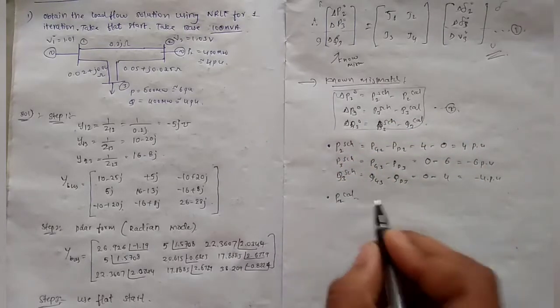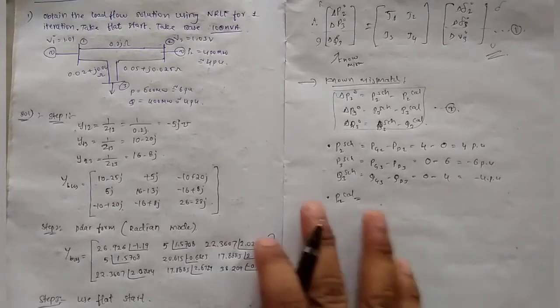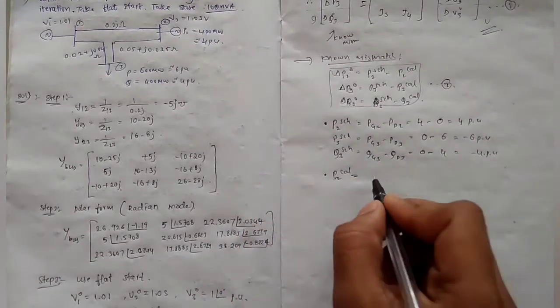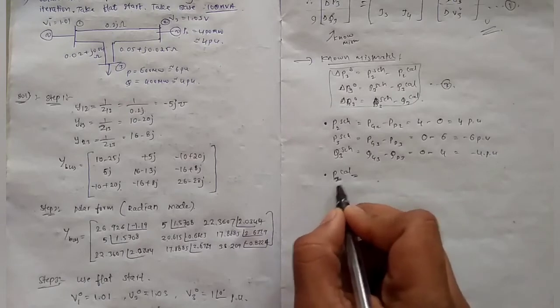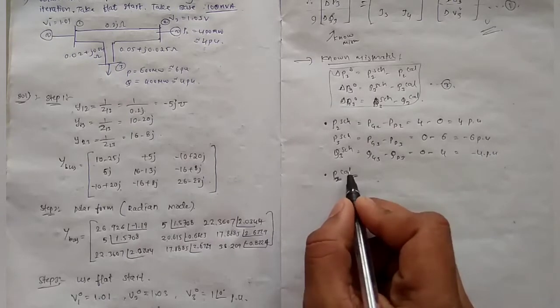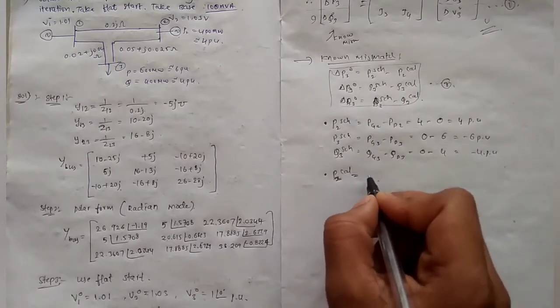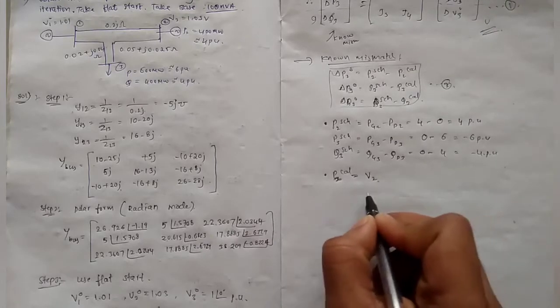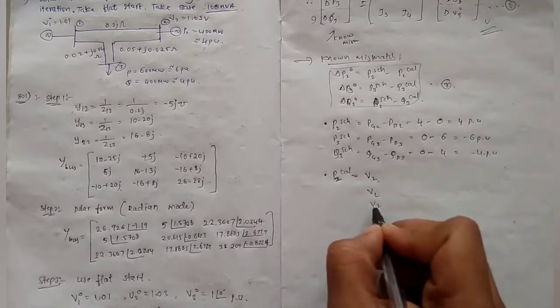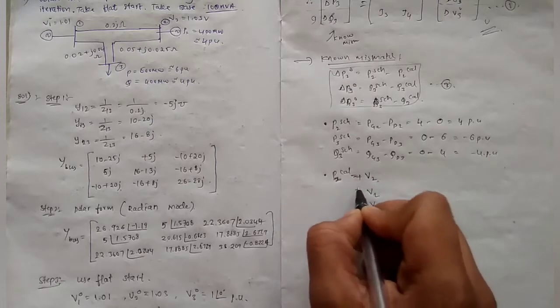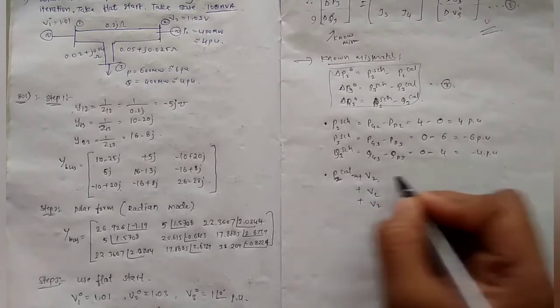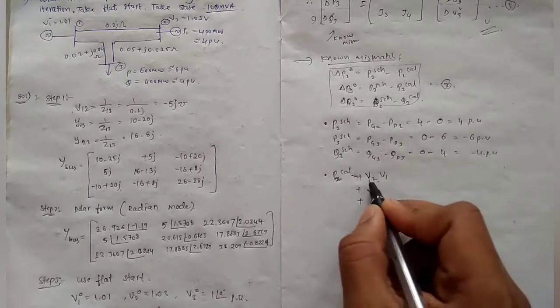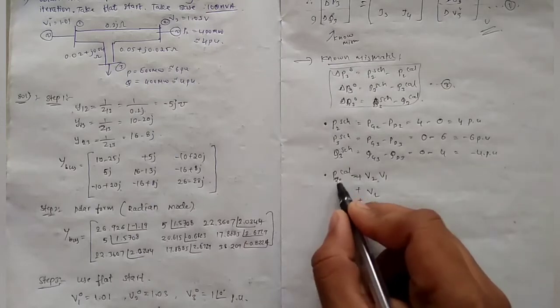Okay, we have a formula, and to remember this formula I will say go with the flow. P2 calculated, we are at bus 2. Therefore V2, write vertically, plus, and then V1. First we are at bus 2, calculating P2 calculated.